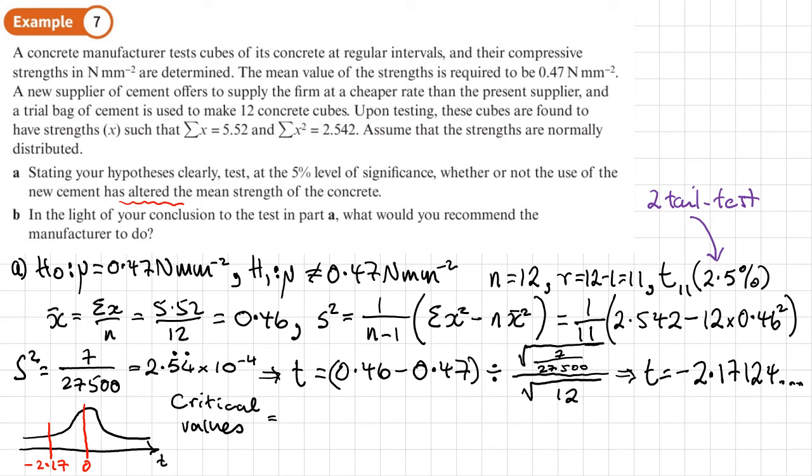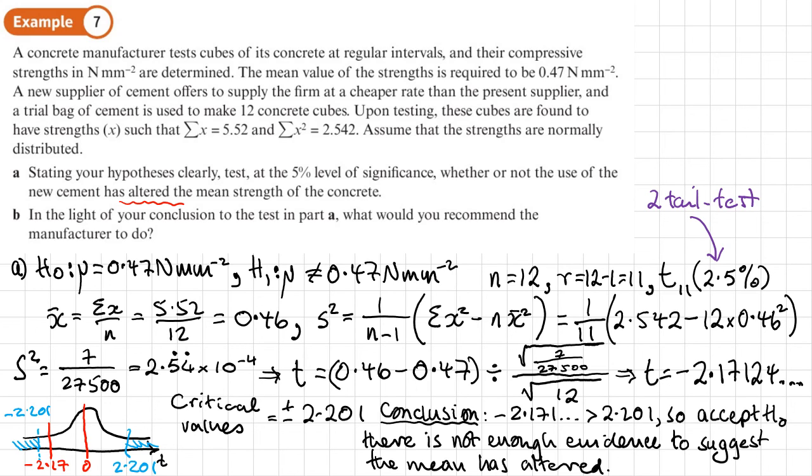So it's going to be plus and minus 2.201. So we'll mark those in, 2.201 and the negative 2.201. Right, that's going to be over here, which means that that negative 2.17 is not in the critical region.